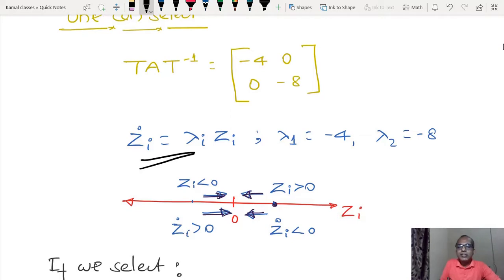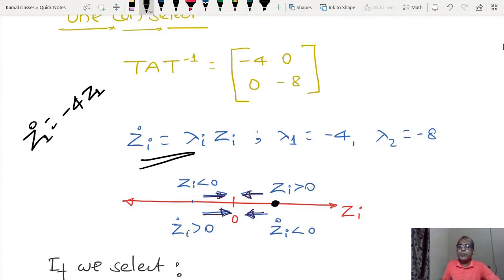Since lambda 1 is minus 4, z1 dot equals minus 4 z1. Since we are in only a one dimensional space, I have drawn one axis, and after that I check the sign of z1 and z1 dot. You can see that for z1 and z2 both, it is a similar kind of behavior.